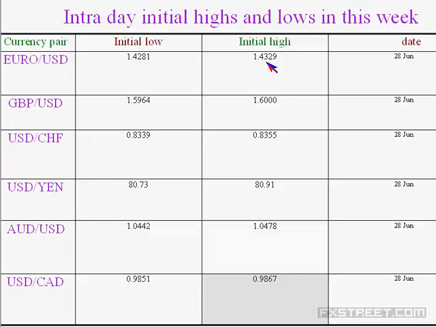Then, with regard to the initial lows and the highs, 1.4281 is the low in the case of euro, 1.4329 is the high, and both are not breached. Then GBP 1.5964 and 1.600, they are also not breached. And in the case of CHF, 0.8339 is the low, 0.8357.